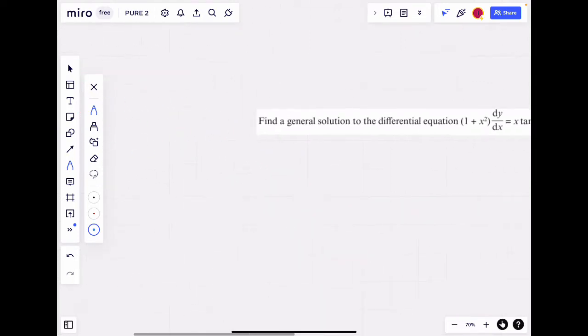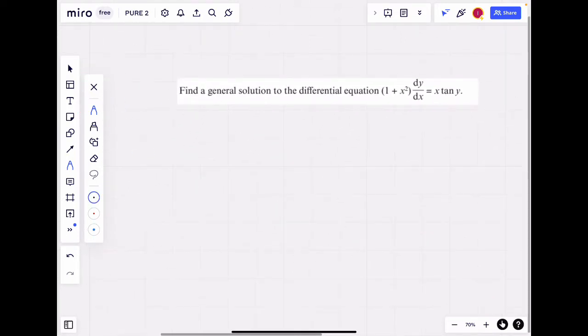So let me take you through this example. We have (1 + x²) dy/dx = x tan y. We want all the x's on one side with the dx, and all the y's on the other side with the dy. If we divide by 1 + x², we're left with x tan y over 1 + x².